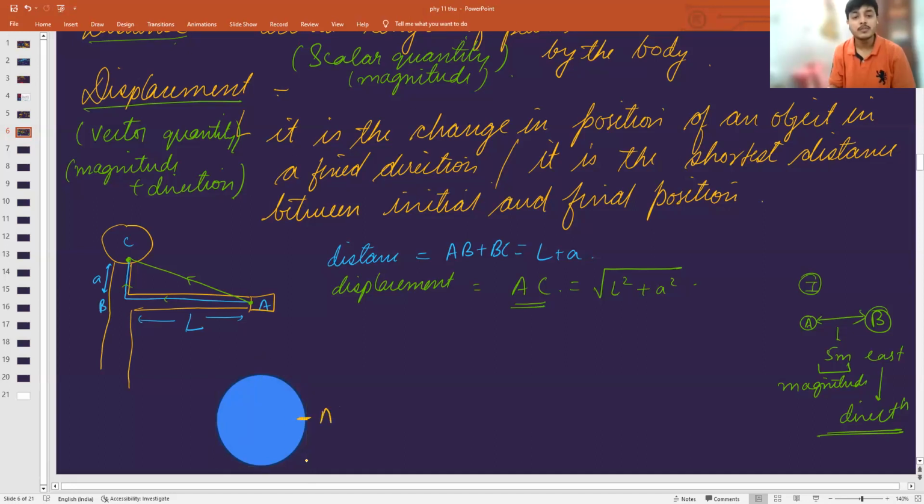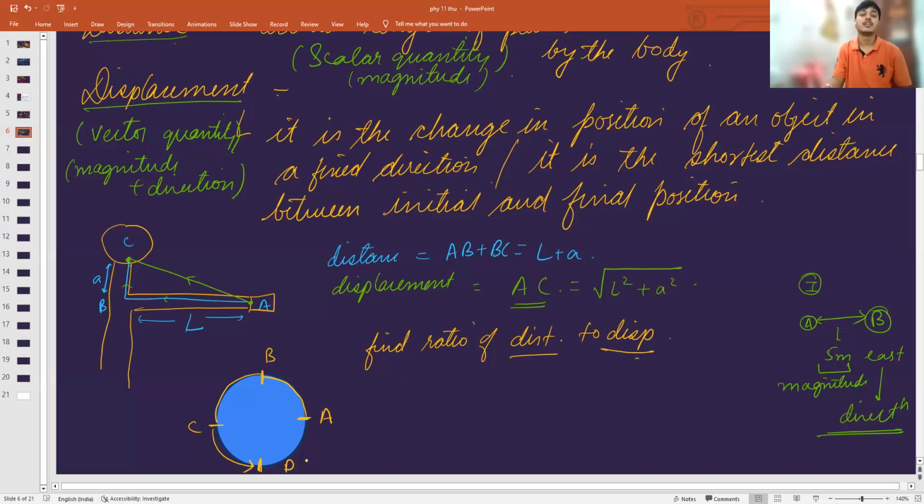The boy starts from point A through point B, point C, and reaches point D, and he stops here. So you have to find the ratio of distance to displacement. Try to solve this. The radius of this is R. Radius is given, that is R. Try to solve this, everyone. You have 2 minutes.